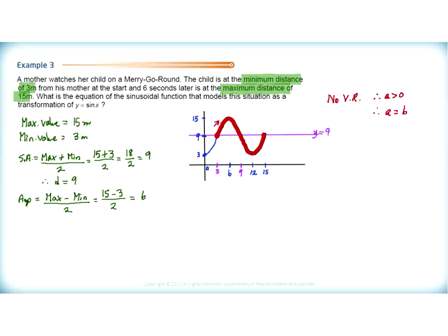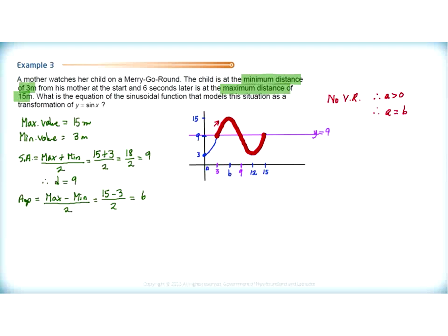As well here, in terms of talking about the stretch factors, you have an amplitude equal to 6. The distance between the sinusoidal axis and the maximum or minimum values of the function is equal to 6 units. So we have the value of A.